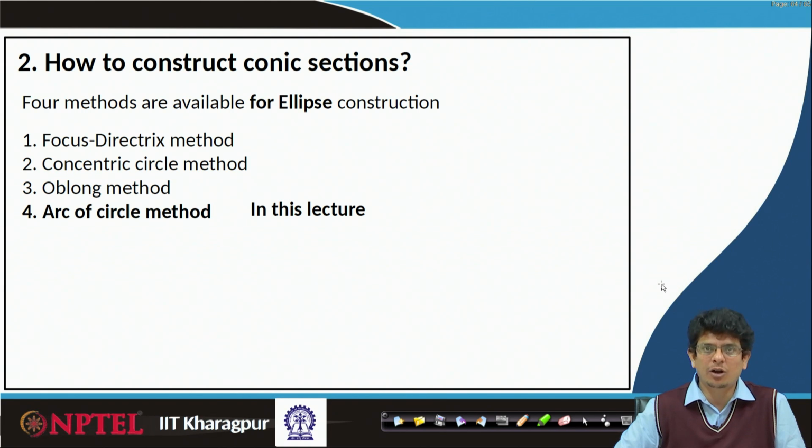In the rectangle method or oblong method, what we have is major axis, minor axis, a rectangle, in some cases a parallelogram also we will use, to construct an equal number of divisions on the major axis and minor axis, connect minor axis elements with major axis elements and get the intersection lines. From there construct this ellipse.